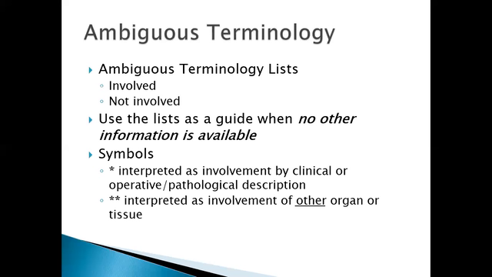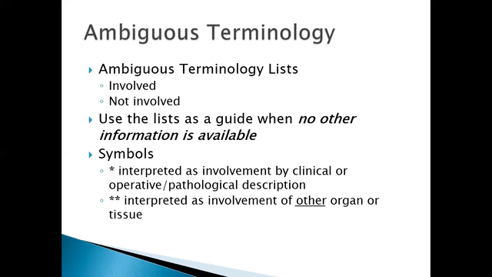All right. Use both of these lists as a guide only when there is no other information available. Okay. If you have to use the involved list, pay attention to what the asterisks stand for as well, because those are very important, all right? Just remember that we're only going to use these ambiguous terminology lists if we have nothing else to go by, all right?